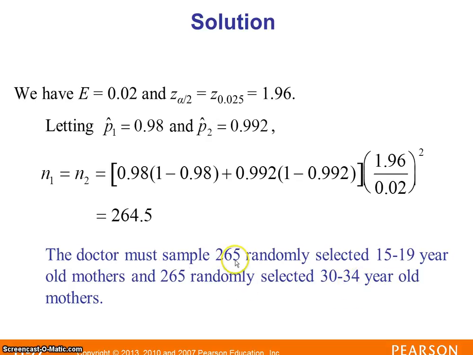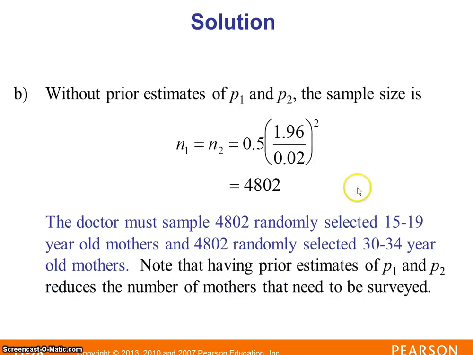The doctor could get more than that, and then the margin of error could even be smaller. But again, cost might be a consideration. So maybe you really do need the minimum number to get within the error estimate. And if there weren't any prior estimates in this case, then you would use the formula that doesn't involve P1 and P2, which would be this. And so you can see that the sample size is quite a bit larger.